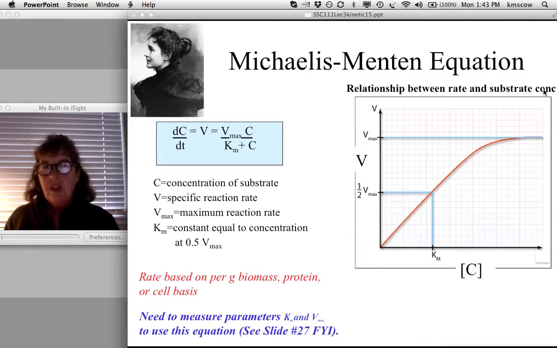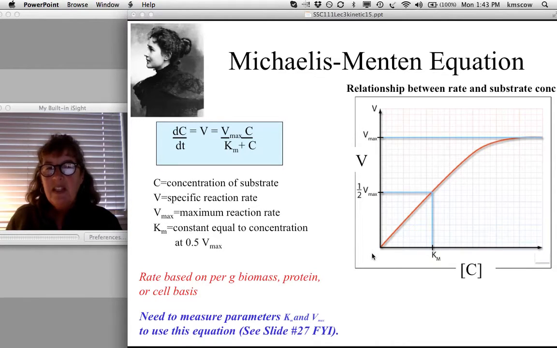So here we're making assumptions that all that matter in being able to describe this rate is the substrate concentration. So this graph on the right shows you V, the rate of metabolism, and the concentration of the substrate that's being metabolized.